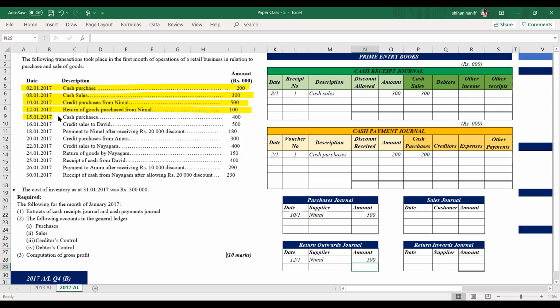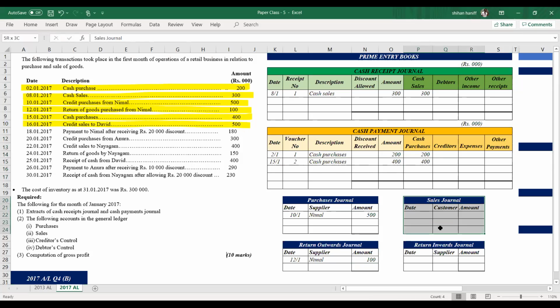Then again we have another cash purchase, 400,000, which goes to cash payment. We have paid cash purchases, 400,000. Comes under cash purchases column. 16th of January, credit sales to David.